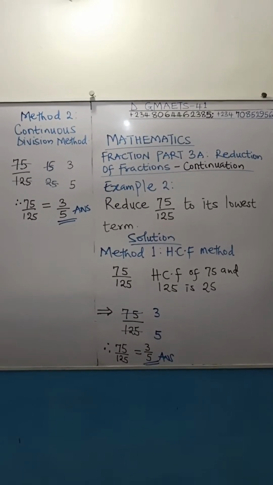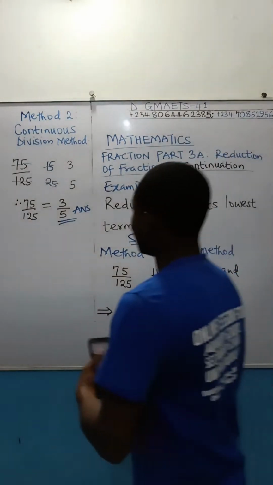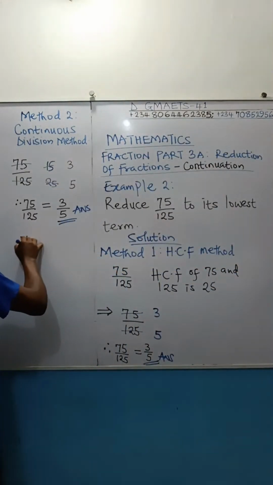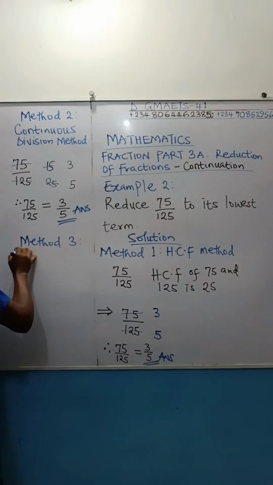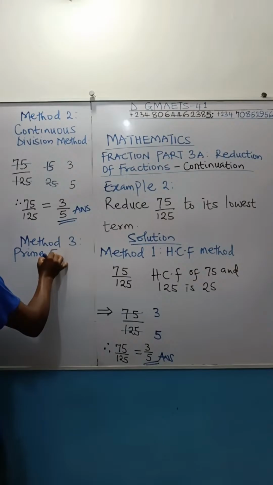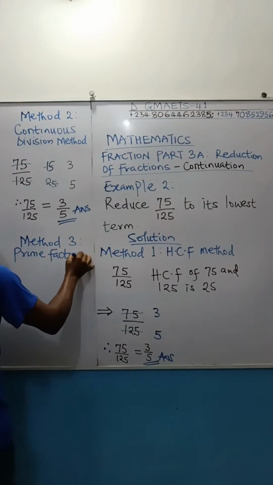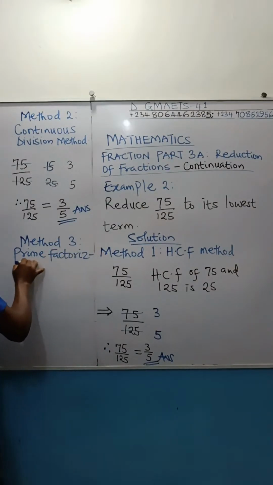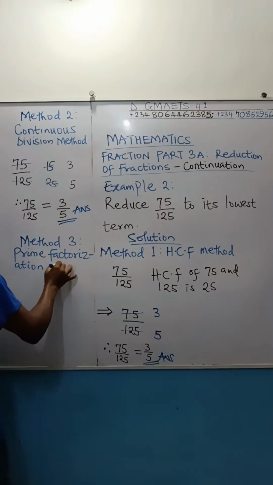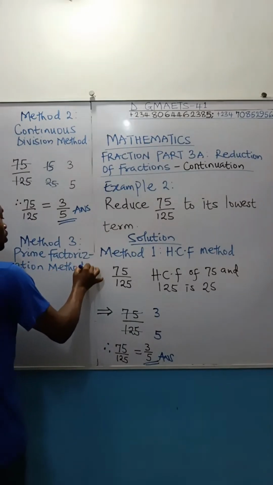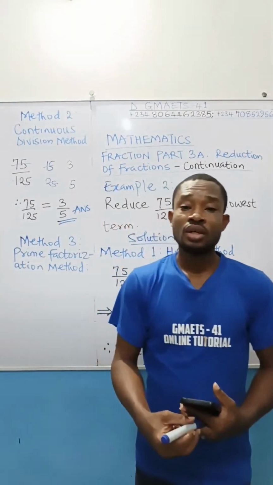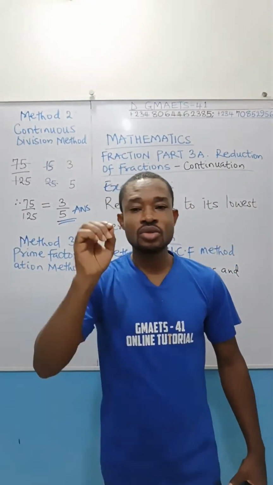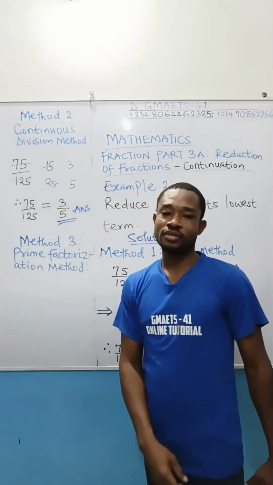All right. So we look at method 3. Method 3 is the prime factorization method. I am teaching you this prime factorization method so you could just know it in case your teacher asks you to use this method.